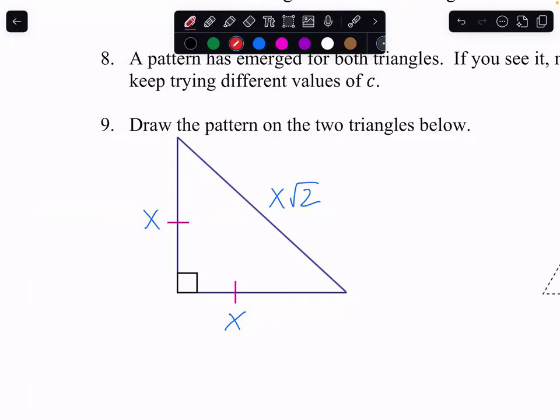By the way, for the angles of this one, the right angle here is 90 degrees, and you know a full triangle is 180. So 180 minus 90 leaves 90 for these two angles combined. Since it's an isosceles triangle, these two must be equal. So 90 divided by 2 means both of these are 45.